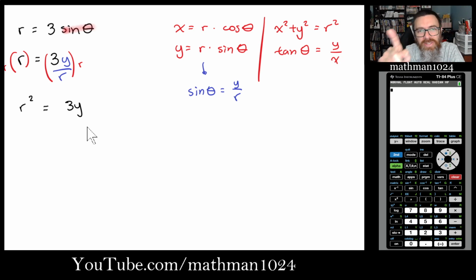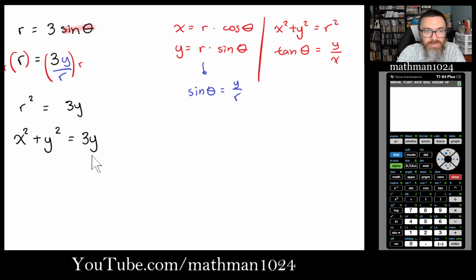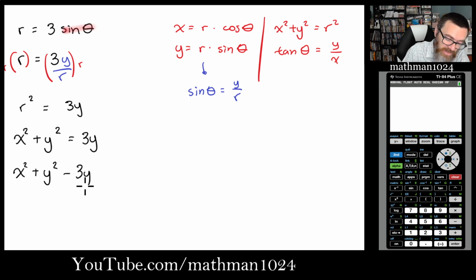And look at the thing that's in the upper right-hand corner. r squared is x squared plus y squared. So we've converted. Now, depending on what you're working with, they may want you to go a little bit further than this. So you could just bring everything over to one side like this so that it equals 0. And we could say that it's done.